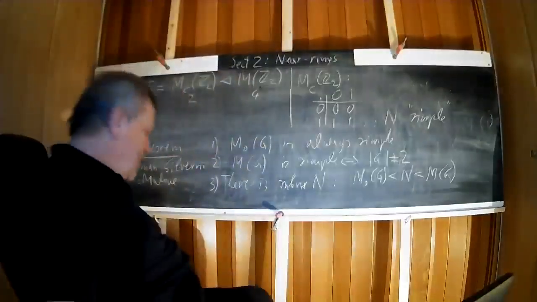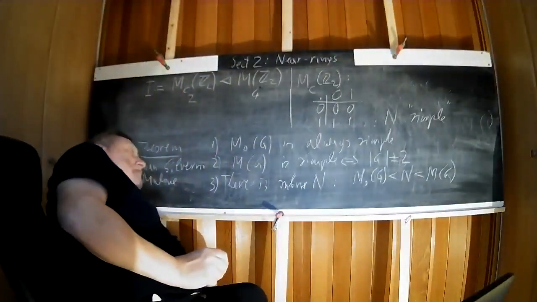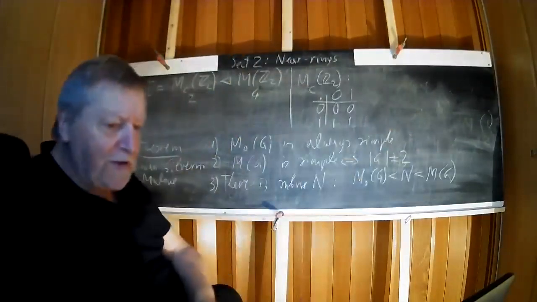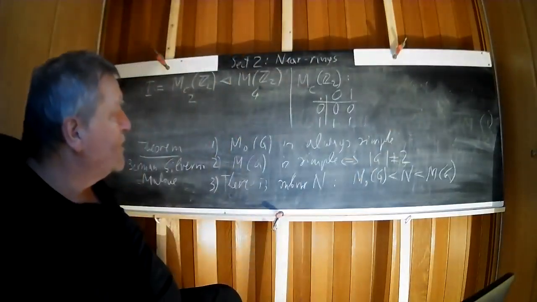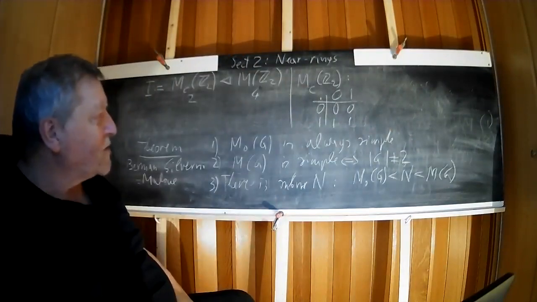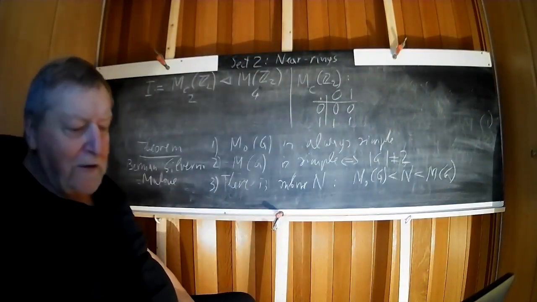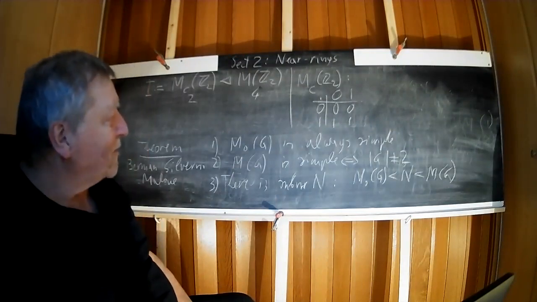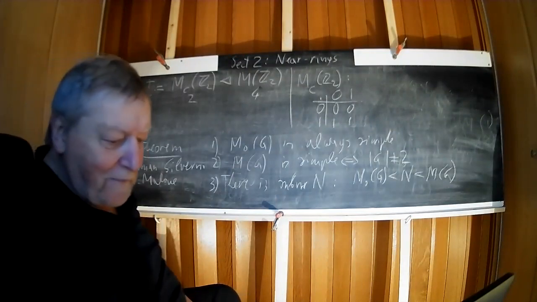And in fact, you see, this is a rather trivial example of a near-ring, but you might say it's the smallest near-ring on Earth. And the addition is simply addition modulo 2. And so it's called maybe the baby of all of these near-rings.